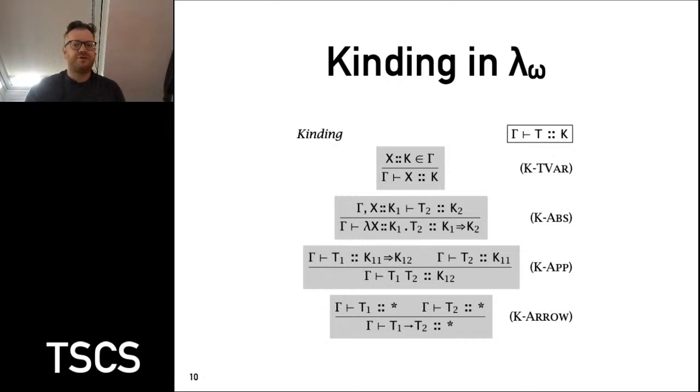So you also have a K-TVar, which is basically the kinding rule for type variables. That's why it's called TVar now. And this basically tells us if the kind association is in the relation of gamma, you can type a type variable as that kind. Yeah, or you can kind that type variable as that kind.